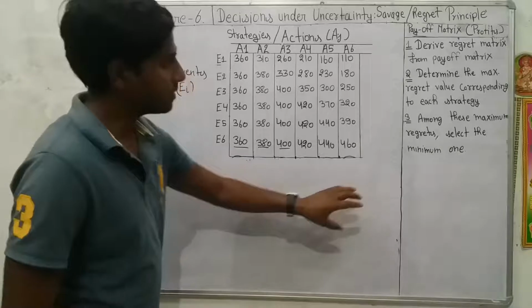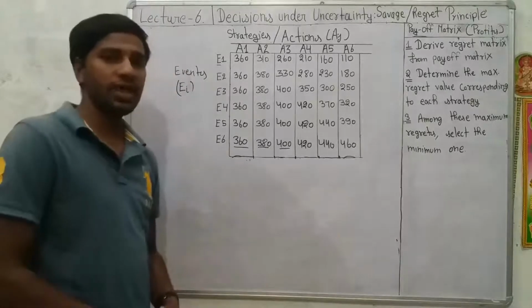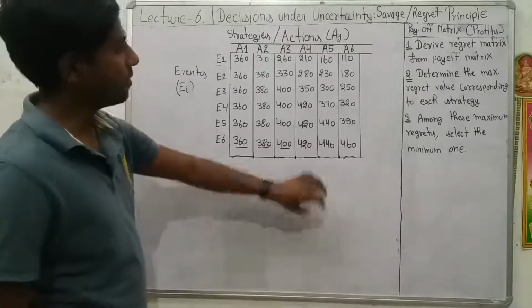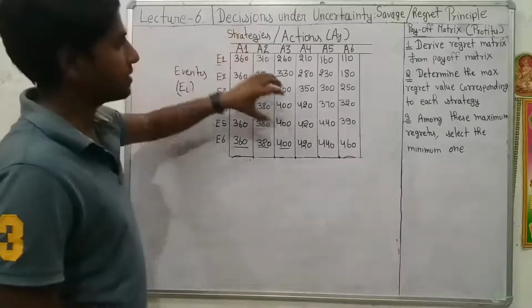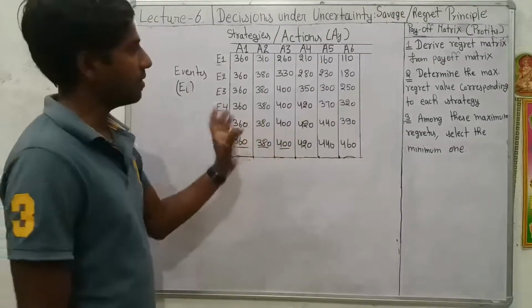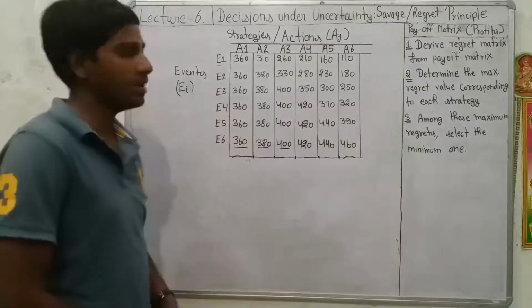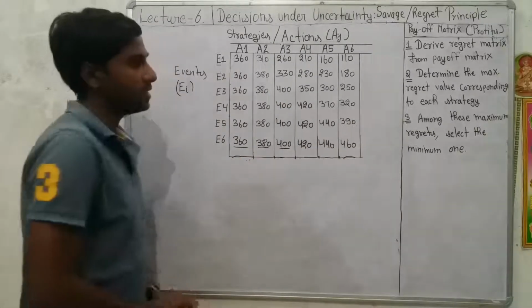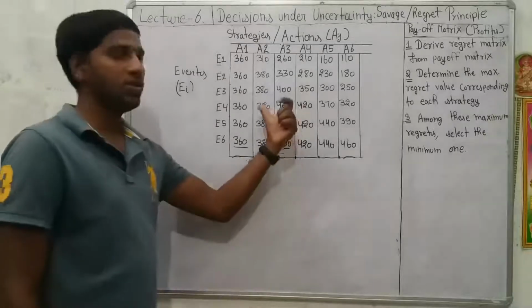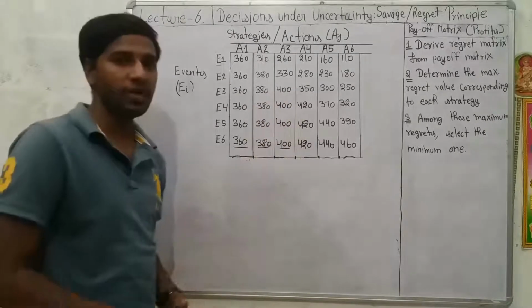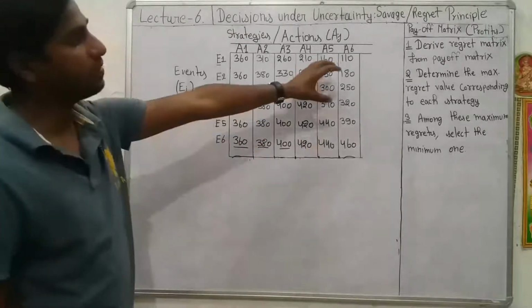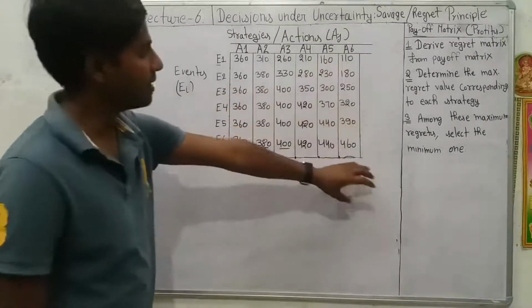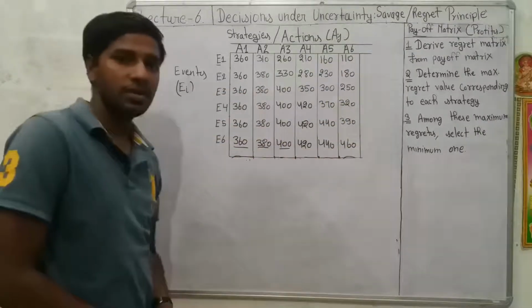In earlier videos, the principles that we have studied were based on either profits given in the payoffs or on the costs given in the payoffs. So basically they selected the optimal strategies on the basis of the costs or profits given in the payoff matrix. But in Savage principle, we use neither the profits nor the costs.